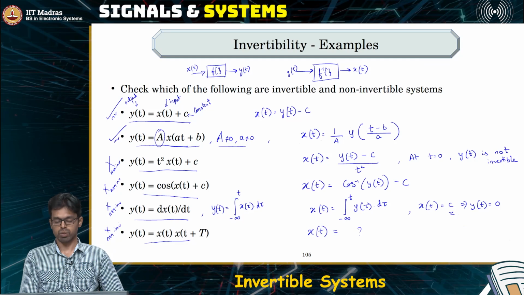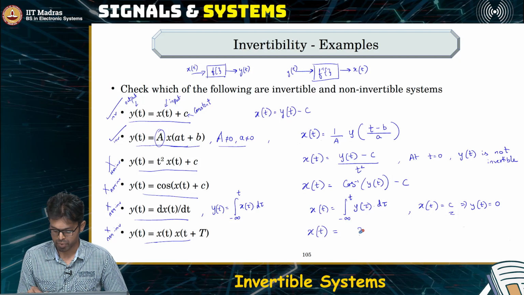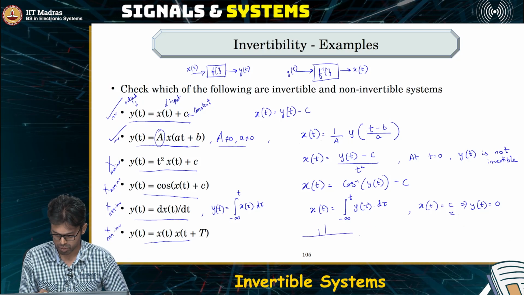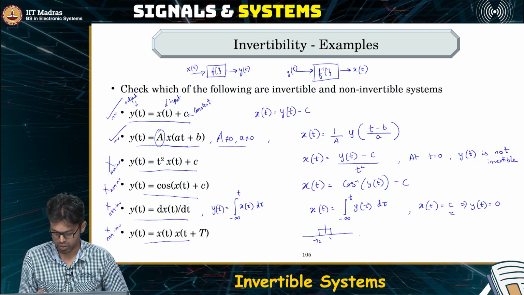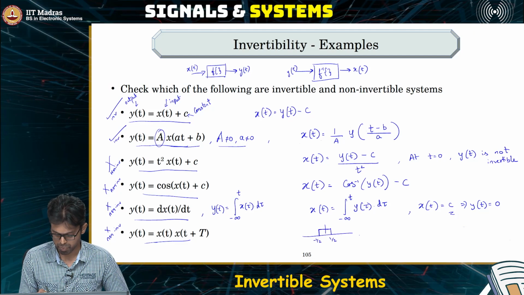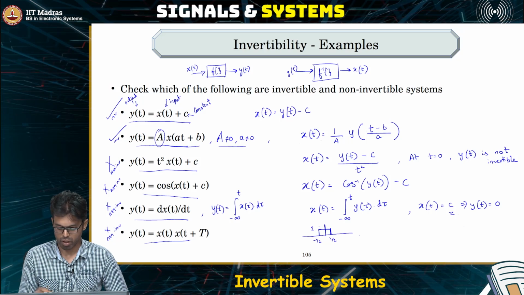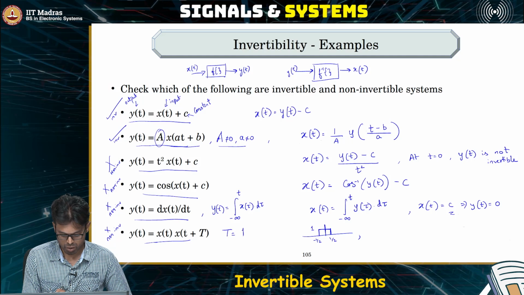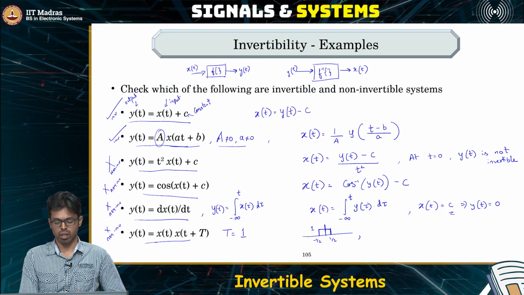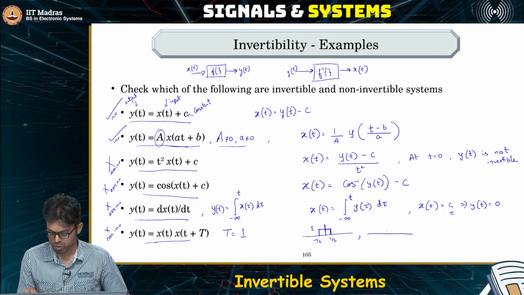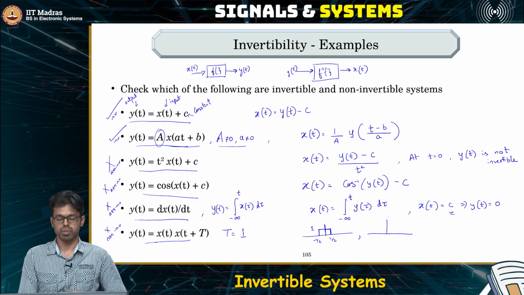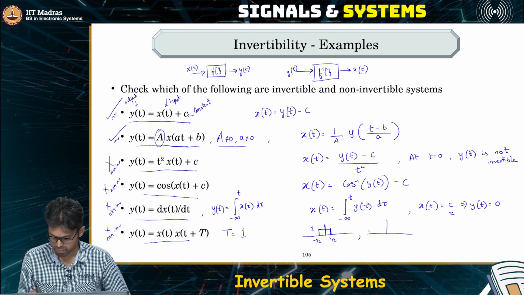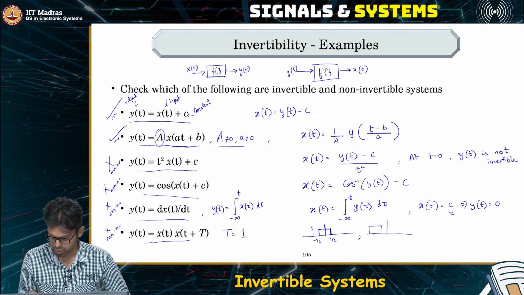A very simple way to verify this is, let us feed in a rectangular signal to this system, and let us say that capital T is 1. Now, what is the time shifted version of this? Because capital T is 1, it's going to move to the left, right?